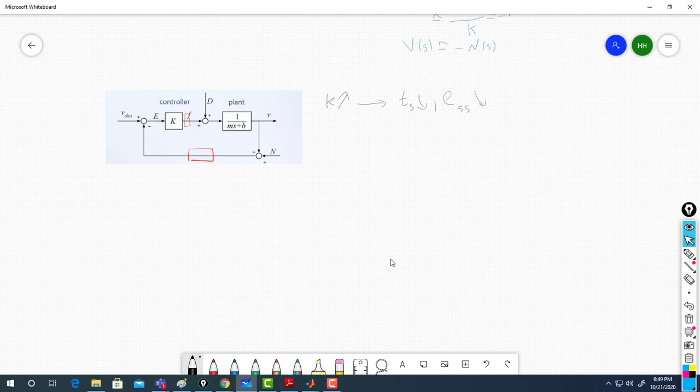Right, make the system faster and make the DC gain closer to 1 if it's a unit step input. So how do we go over this?